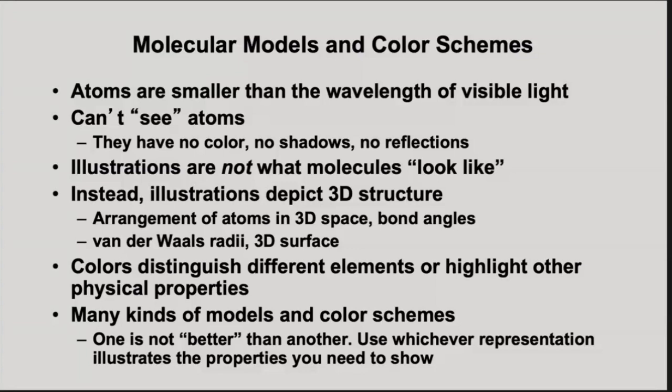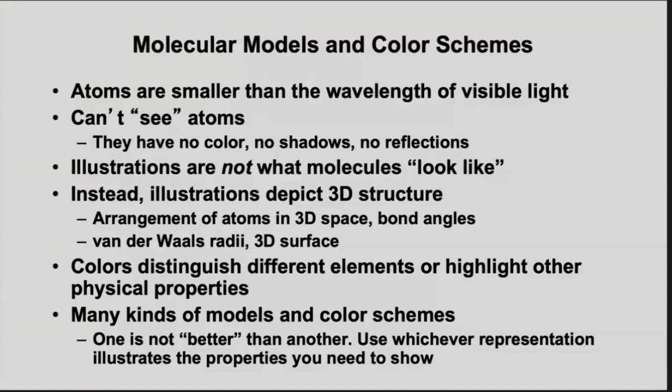Instead, when we create an illustration of a molecule, we're attempting to depict something about its three-dimensional structure. We're trying to show the position of the individual atoms in three-dimensional space, the relationship of individual atoms to one another in three-dimensional space, the angles of the bonds that are formed between neighboring atoms, and in some cases, we may represent the size of each individual atom by its van der Waals radius, which is essentially a measure of the size or the diameter of the atom.